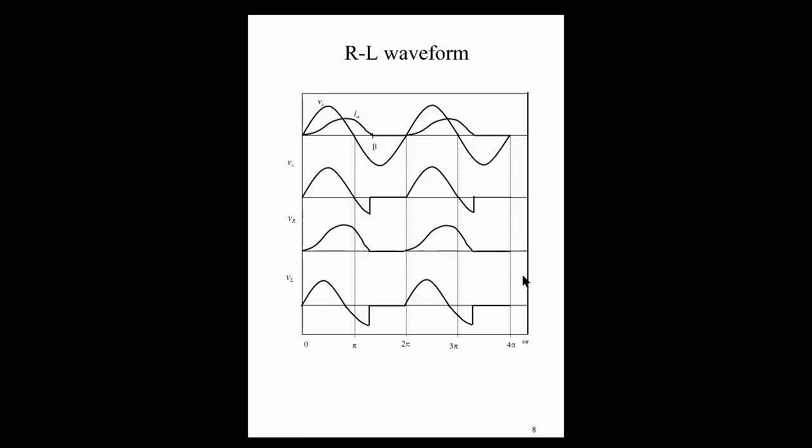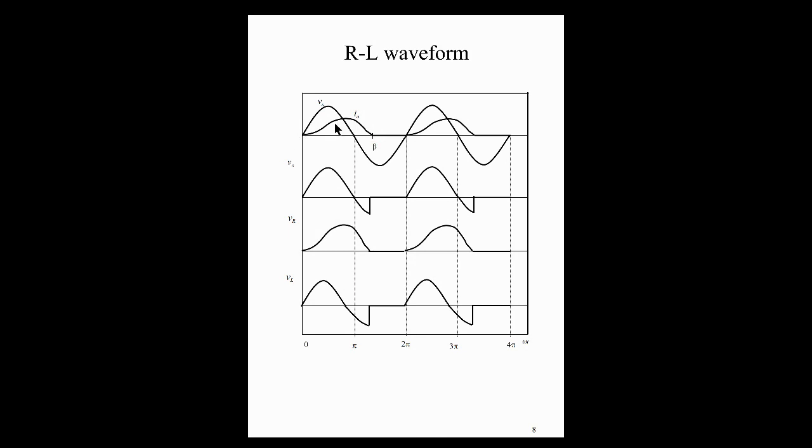All right, so we look at the waveform. These are the waveforms. Initially, we have this wave here that we're looking at. So this is our input, but you'll notice that for the current, there is a shift.